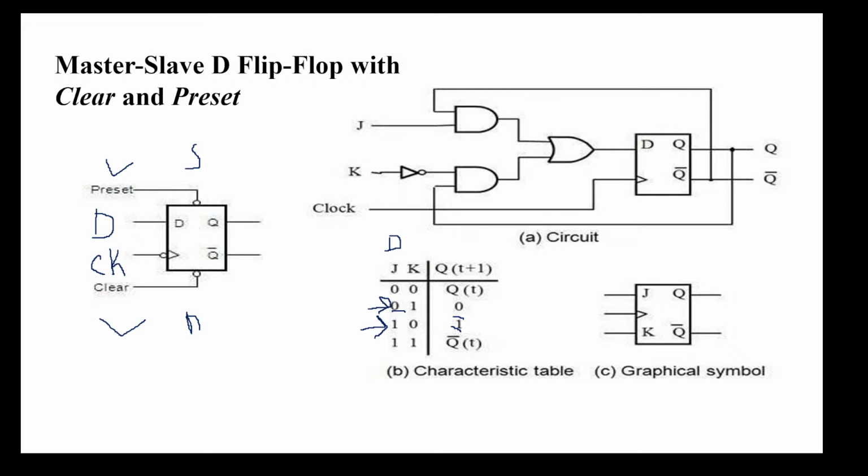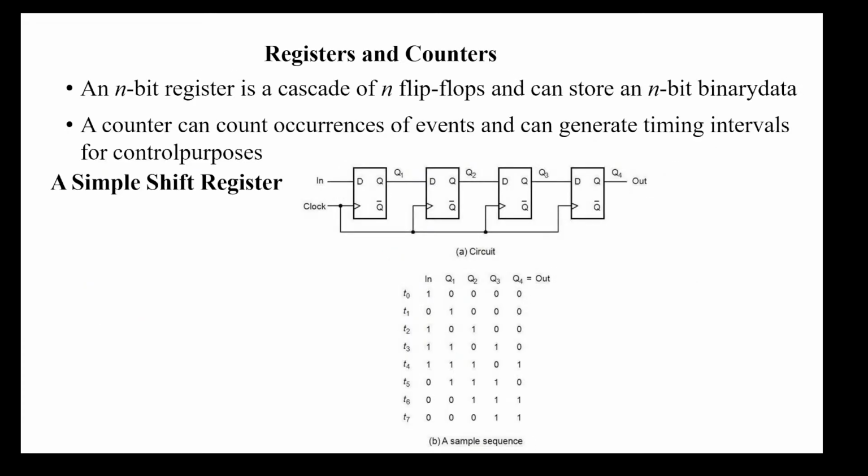Now let's move on to the next type of sequential circuit, which are called registers. When I say registers in real life or in hard copy, we have the notebook, we have the books, say, for example, the bill registers, where it stores everything, or it stores the different events.